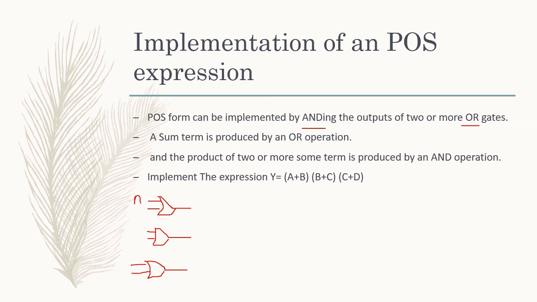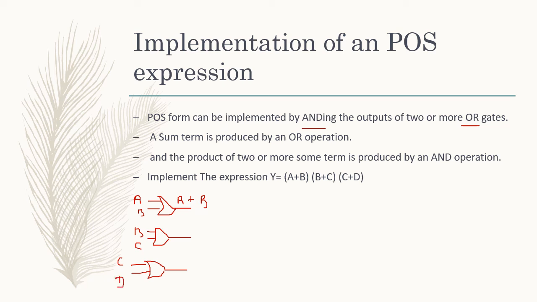Okay, so you just have to label it a b. Finally it will be a plus b. Okay, like this. This is bc, output will be b plus c, and this is cd, output will be c plus d.